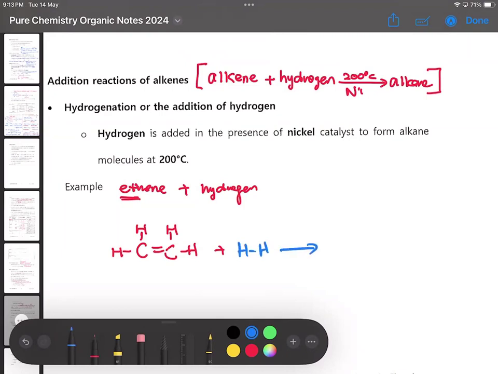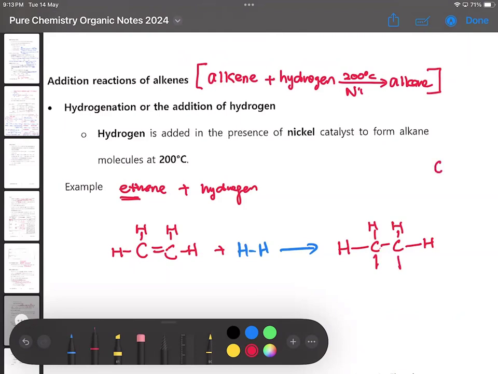What happens, as you can see, is that the first thing is that the CC double bond will be broken. This was your ethene molecule. When we break the CC double bond, it turns into a single bond. So this is gone, and I get two more bonds coming up. Why are there two more bonds coming up?